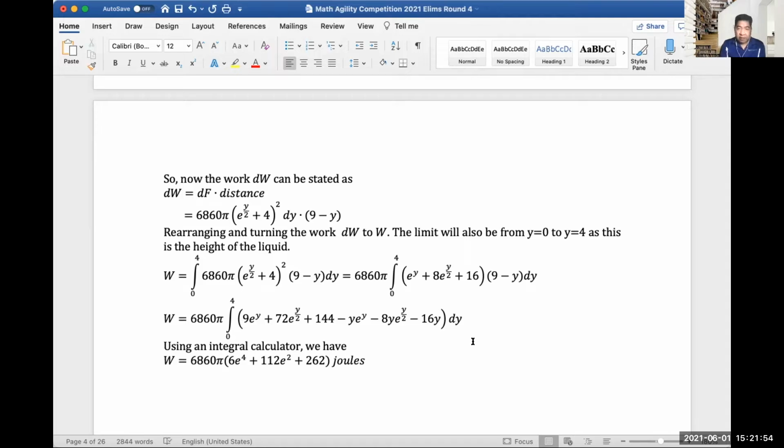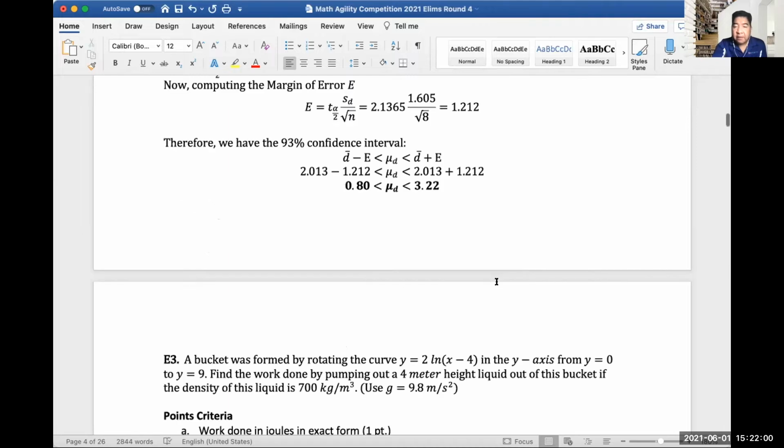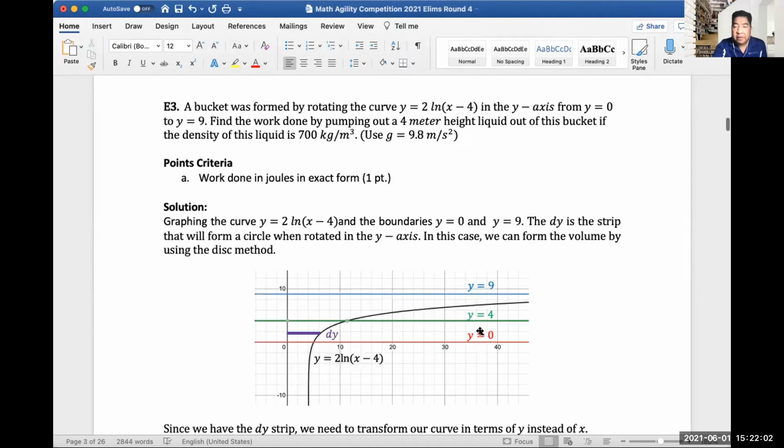Let's go back first to the drawing. The height of the bucket is at y equals 9, and we have a level of the liquid at y equals 4. So the value from 9 up to this would change, right?